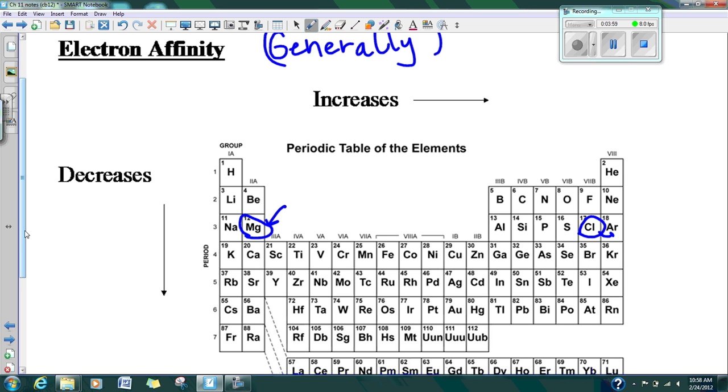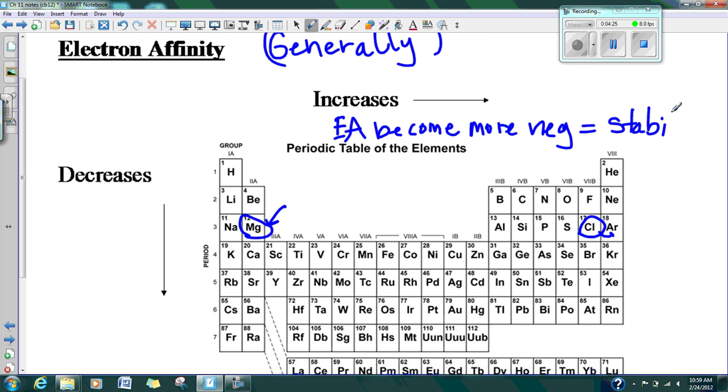So as I go across my period, my electron affinity, and we'll abbreviate that as EA, becomes more negative. And the result of that is that it's going to reach more stability.